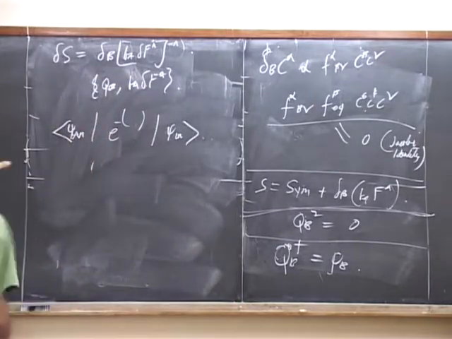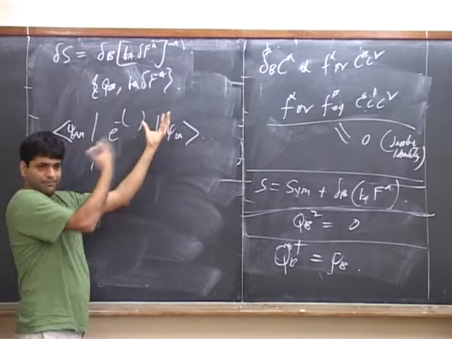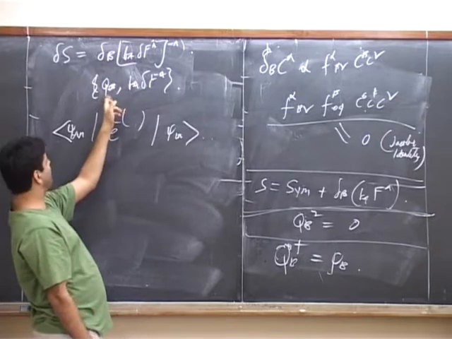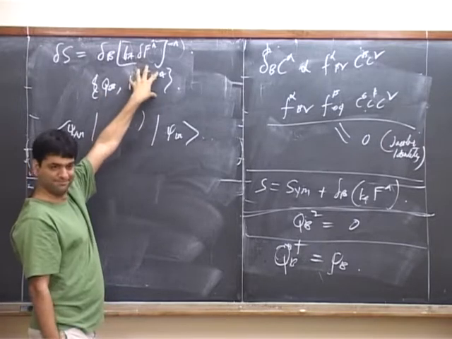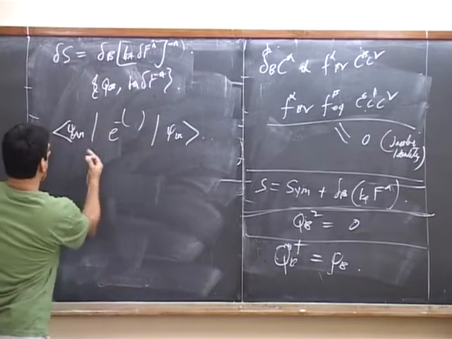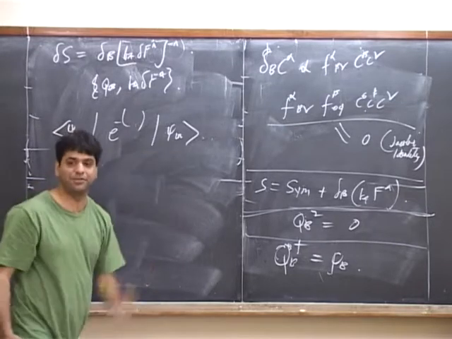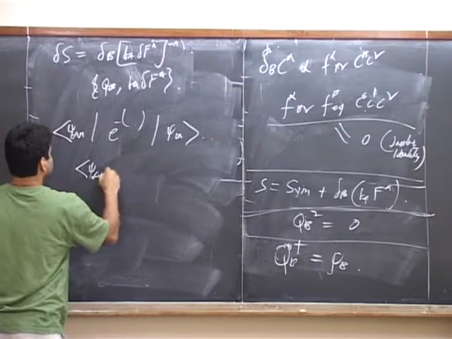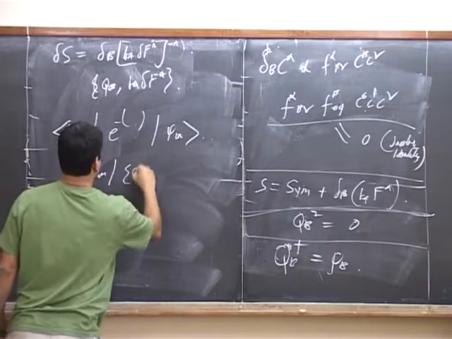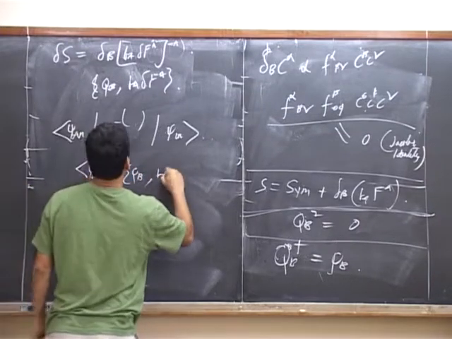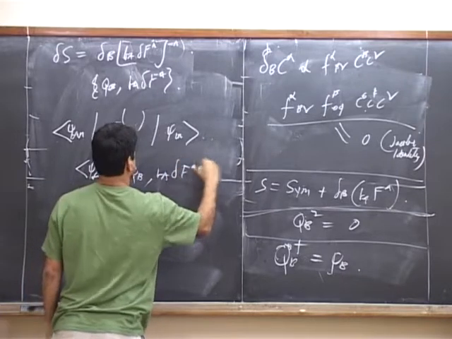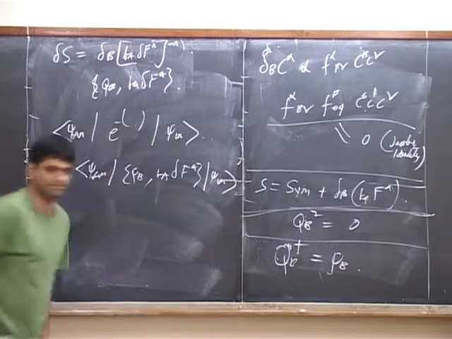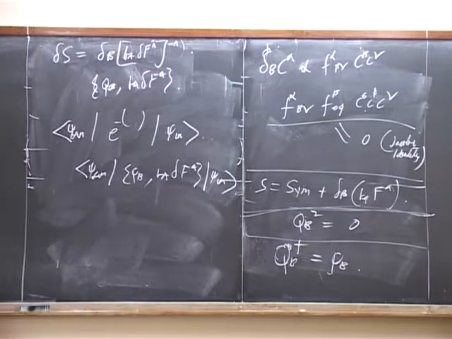I've changed the action, and therefore the Hamiltonian of my system, by something proportional to an anti-commutator of the BRST charge with something. So what will the change in this amplitude be? The change in this amplitude will be proportional to psi fin, Q_B B_A delta F, and so on.